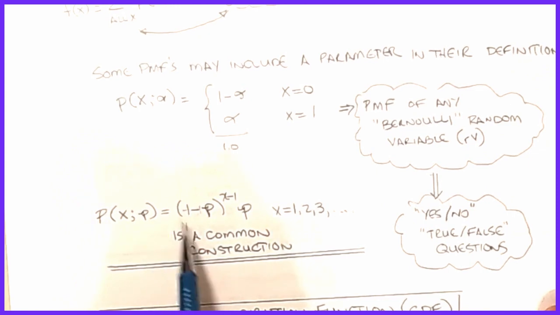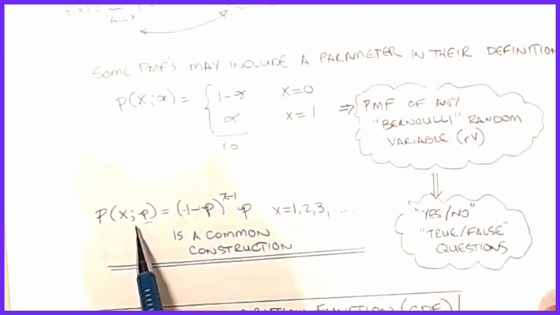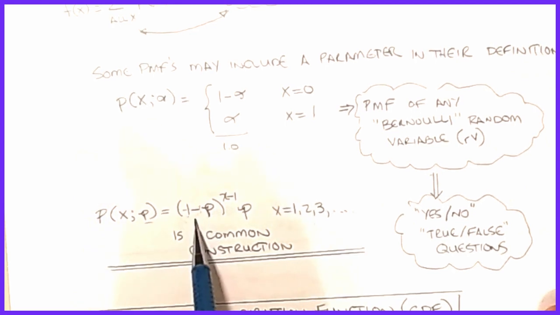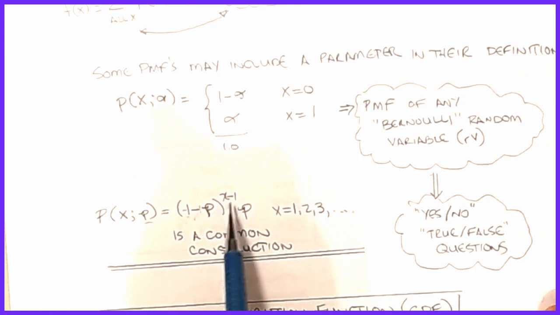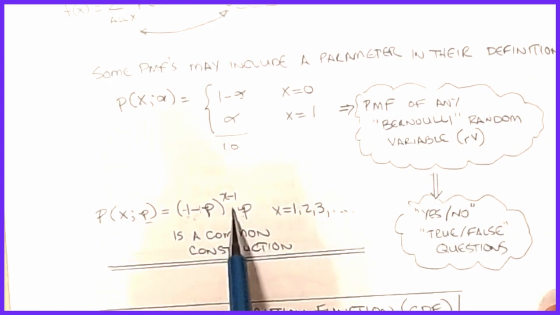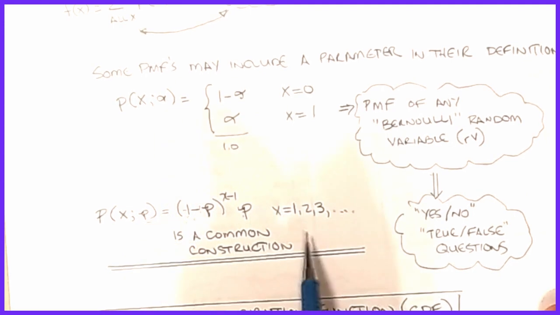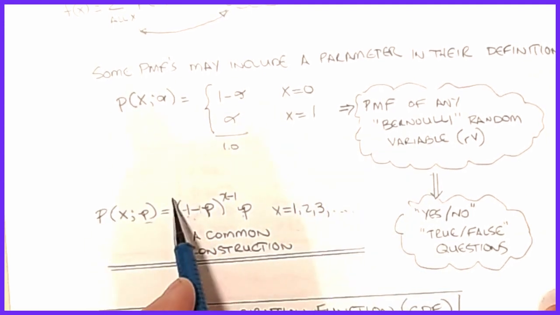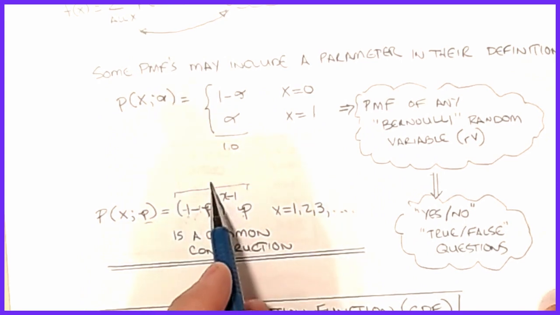Okay, and you start seeing patterns that look like, well, if lowercase p is the probability of an event happening, then 1 minus p is the probability the event doesn't happen, and then I can raise that to some x minus 1 power and then multiply that by some probability. Okay, and all of a sudden I get the nots multiplied by our probability of the wills. Okay, x equals 1, 2, and 3, and so this form starts to become very, very common.